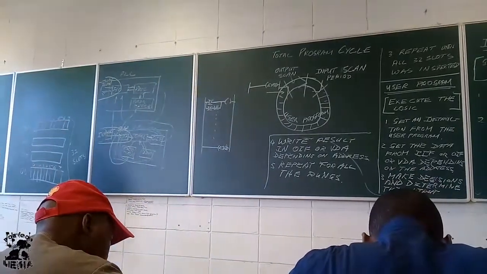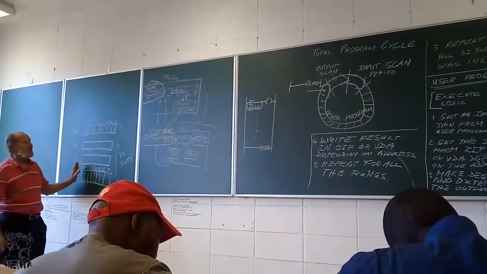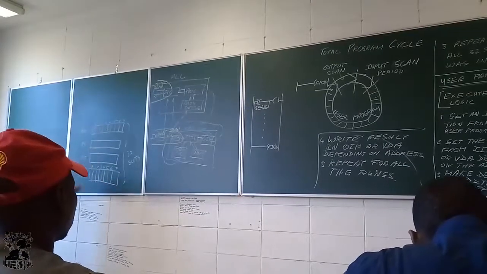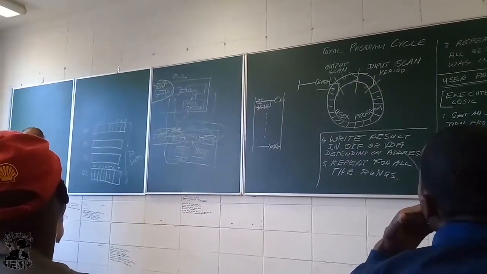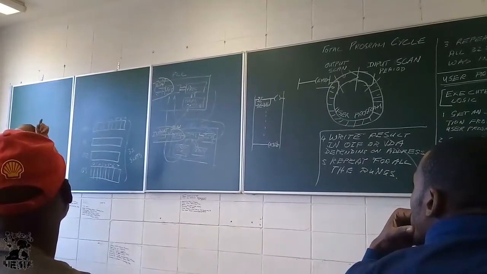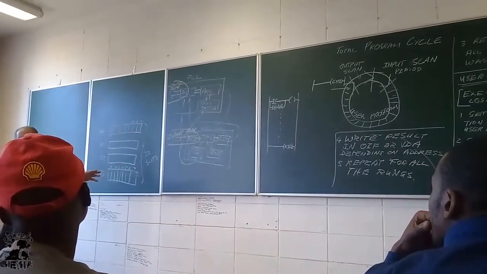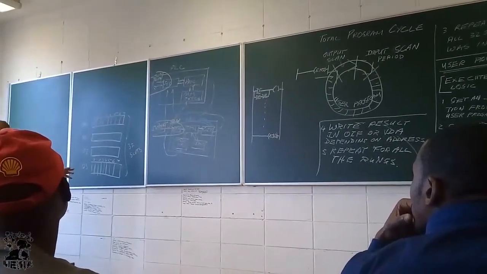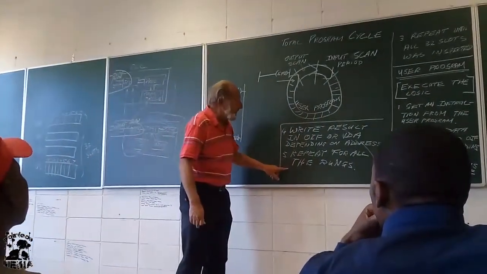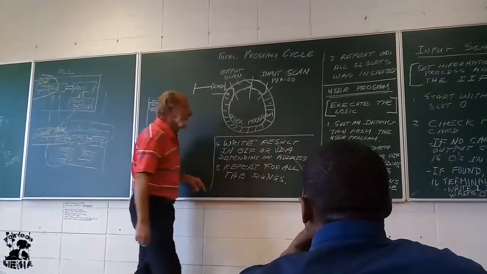Now, remember what I said. Here in the racks and slots, there can be input cards or output cards. The input scan was just looking for input cards. It ignored if there is an output card. It writes zeros in the input image file. What is this doing while it is executing the logic?